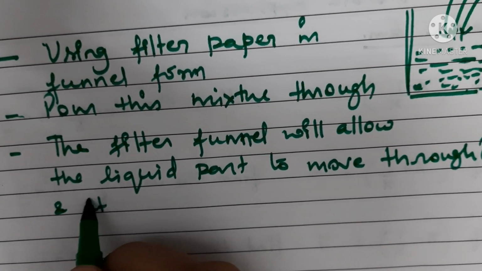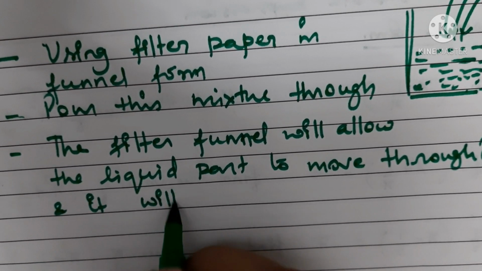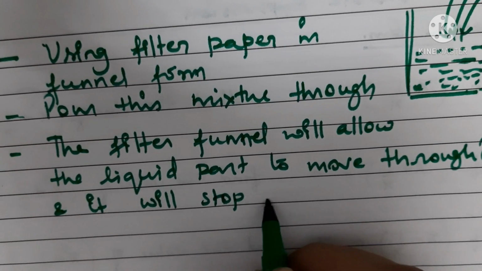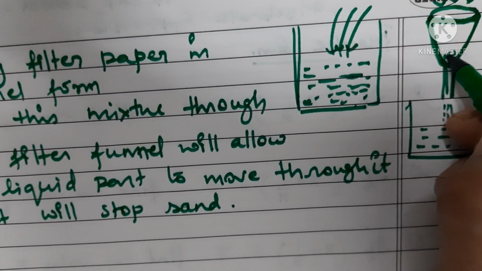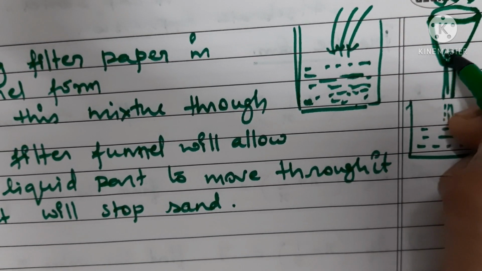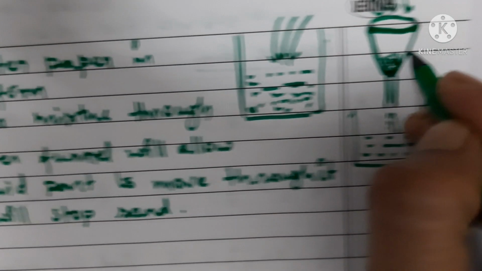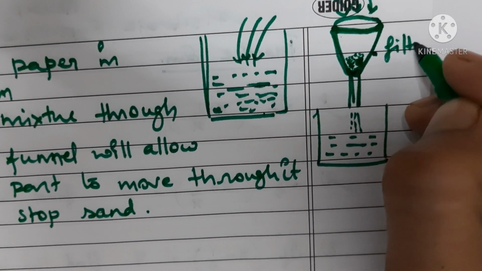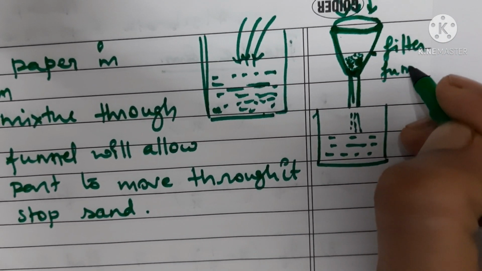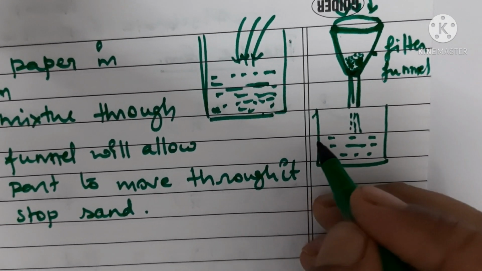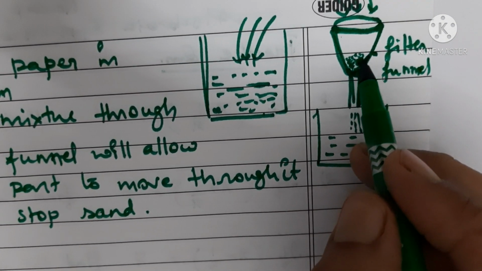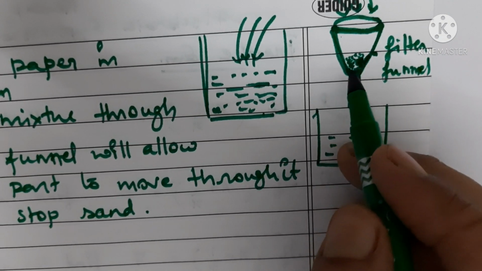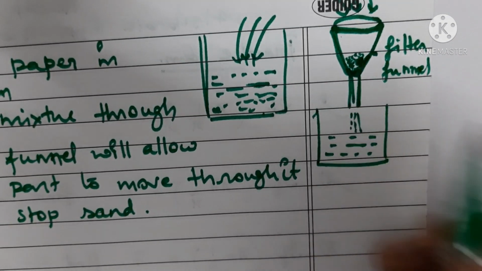And it will stop sand. Isn't it? What will happen? Sand will be stopped here only. This filter paper will not allow it. This is filter paper. This is filter funnel. It is made up of filter paper. Now this filter paper is in the form of a funnel, so it is not going to allow this sand to pass through it.